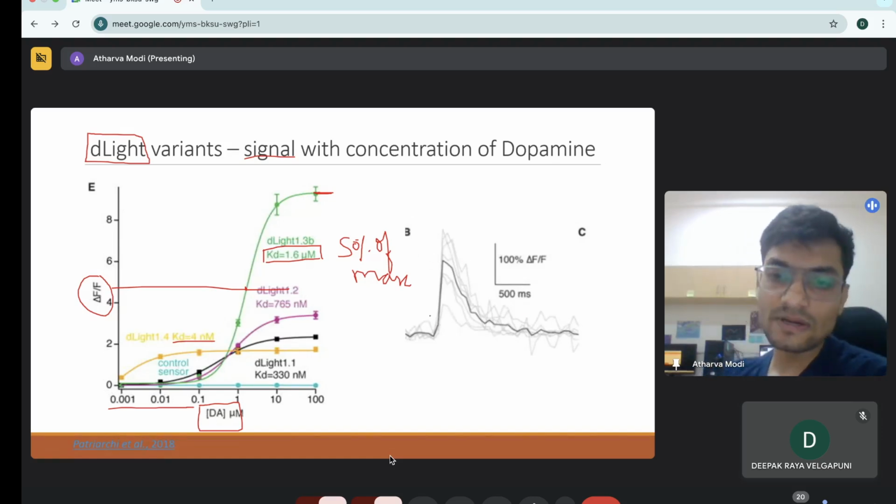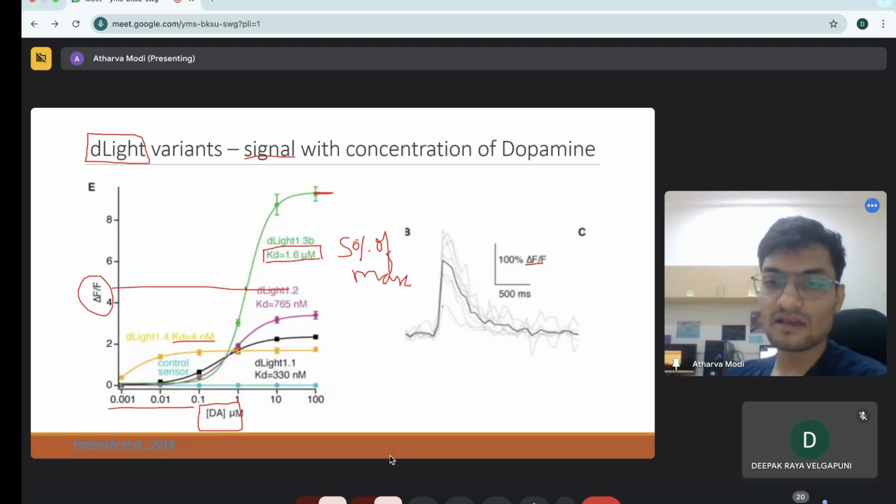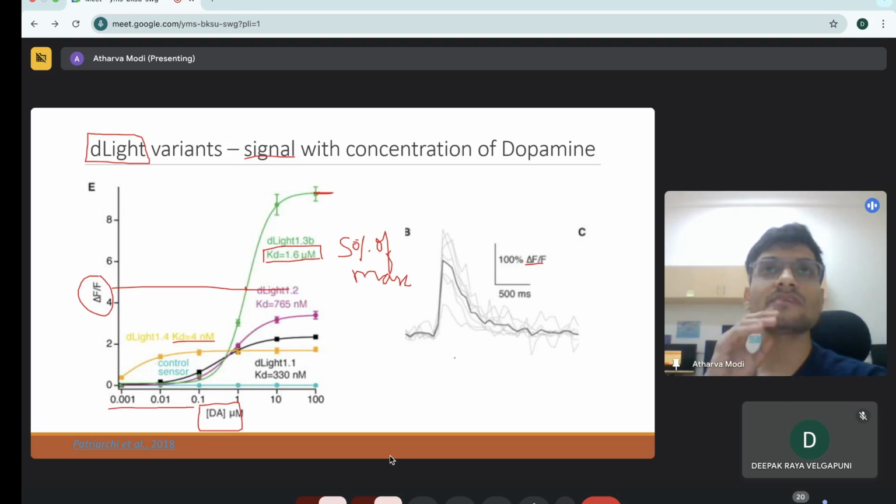Can anybody point out, like, this is the signal, delta F by F, and this is 500 milliseconds. It's so fast. This happens within less than 10 milliseconds, it rises and then it shows falling characteristics. If I want to say what kind of temporal resolution this technique has, what do you need to look into?